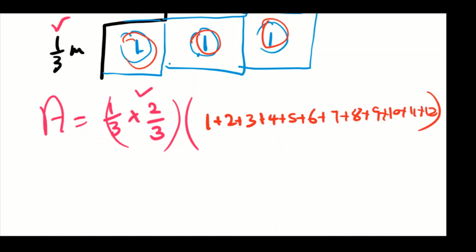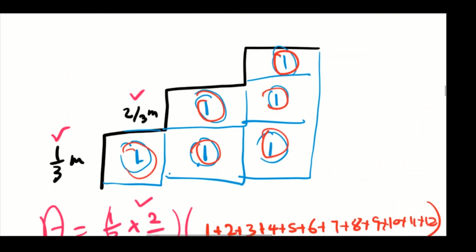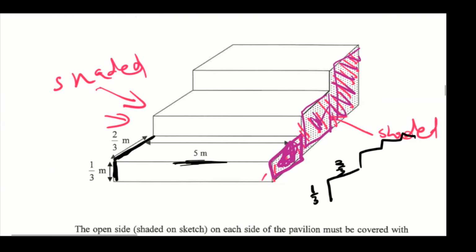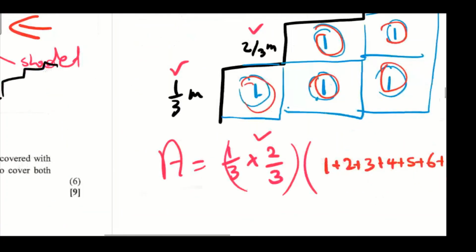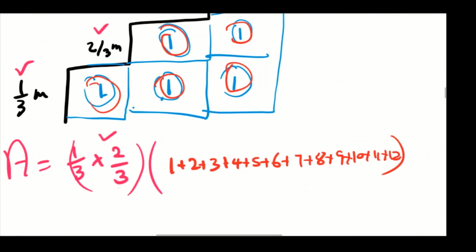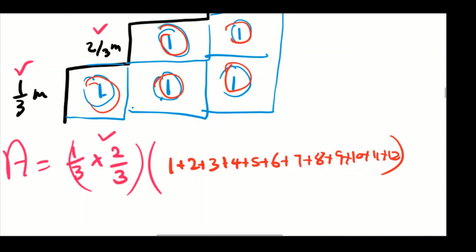Remember, we are interested in 2 sides of the steps that are shaded, right? I even indicated that here. It's shaded on this side and also on that side. So we are interested in both sides. So what we're going to do is multiply by 2 here, because we're interested in both sides, right?